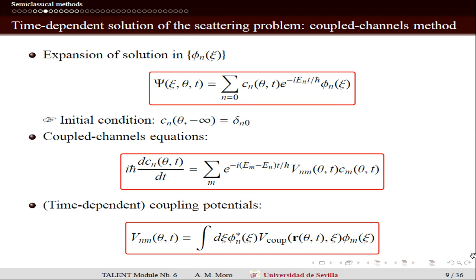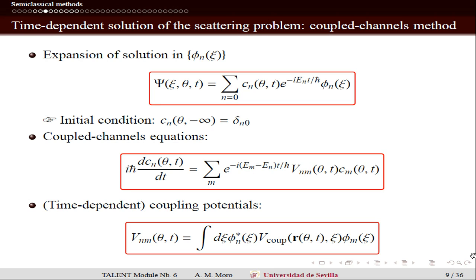So we consider that the projectile and target collide with different impact parameters. For each impact parameter, we have a trajectory. And this trajectory can be characterized, so in some books, instead of theta, you have here the impact parameter b, but there is a unique connection in classical mechanics between the impact parameter and the angle.